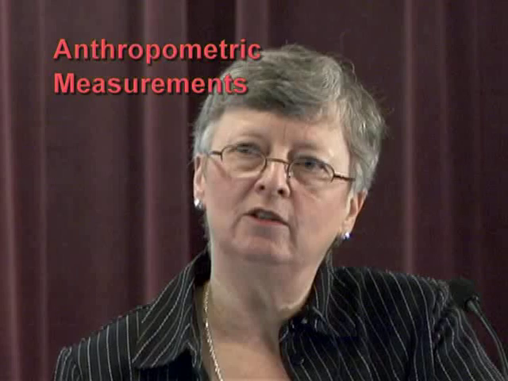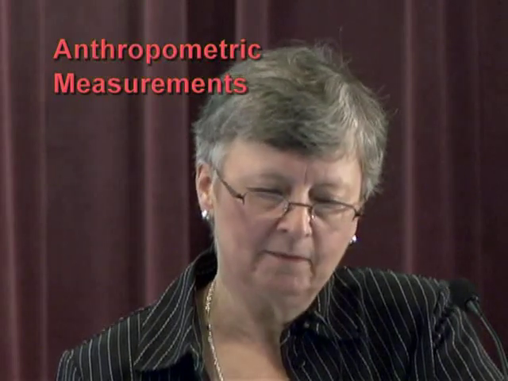And finally, body type. Anthropometric differences can also be measured. So we're going to look at some of these, not only how they differ between males and females, but how do they differ between straight males and gay males and straight women and gay women.